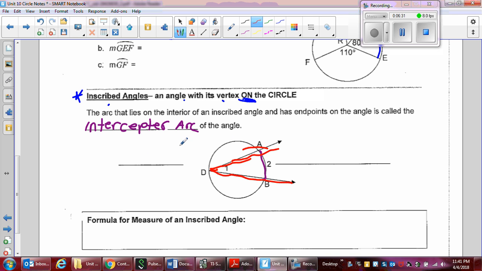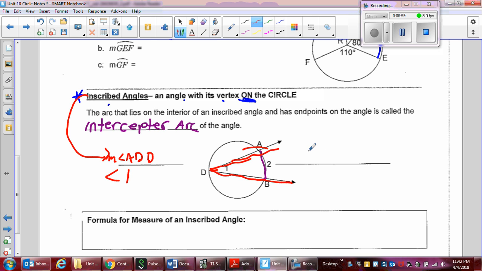So in this case, the measure of angle ADB will be the inscribed angle, or I can call it angle 1. I like angle 1.